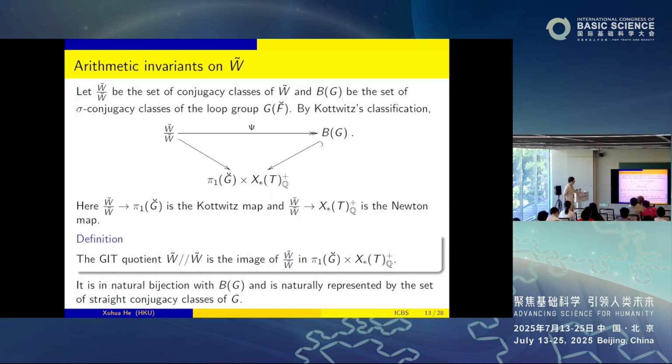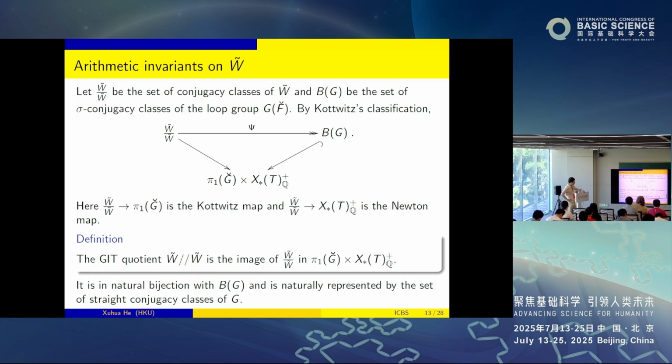In fact, we can see that this indeed comes from the map from the conjugacy classes of the Iwahori-Weyl group, so the horizontal arrow is surjective. B(G) is the set of sigma-isocrystals, which also appears in Xinwen's talk yesterday.